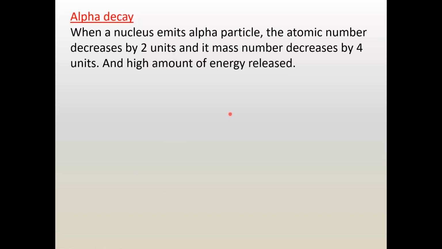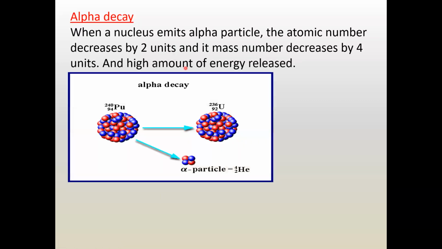Now, what is alpha decay? What happens when the particle is emitting alpha? So in alpha decay, as I mentioned, the nucleus is populated. The nucleus contains a lot of protons and neutrons. So that unstable nucleus emits two protons and two neutrons.